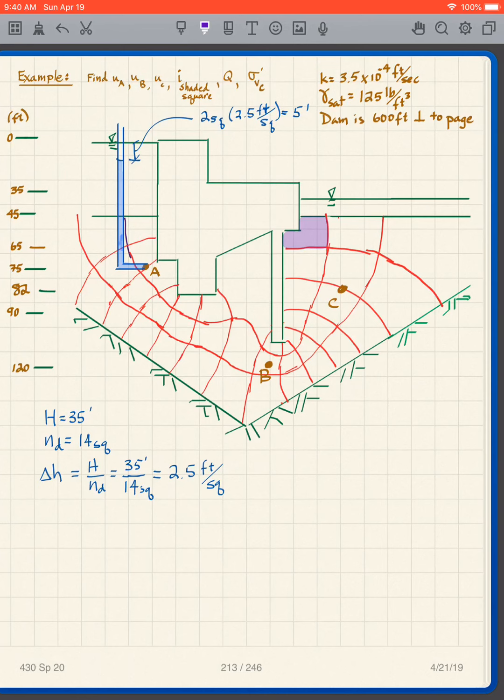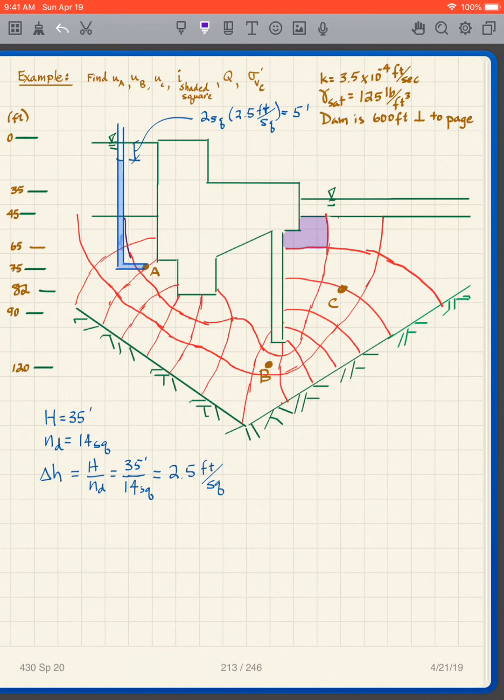Okay, getting back to flow nets. Here's a problem that you should be able to do at this stage. I've given you the flow net, and the problem is to find UA, UB, UC.